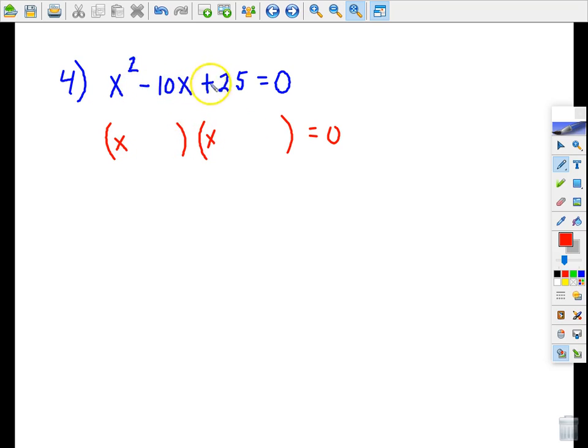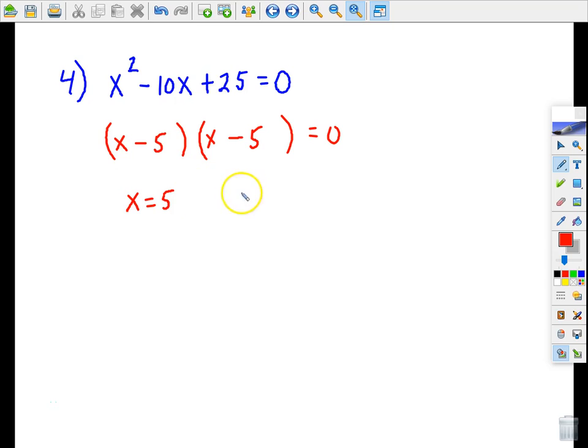Since we have a minus in front of plus, then both of the signs have to be minus. And I'm looking for the factors of 25 that add up to 10, and that should be pretty easy. It's 5 times 5.